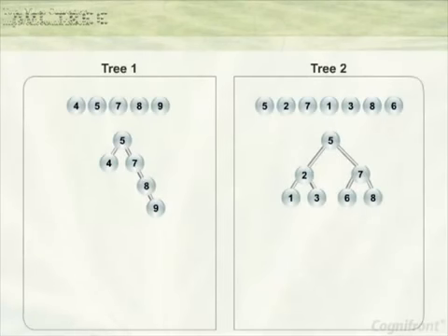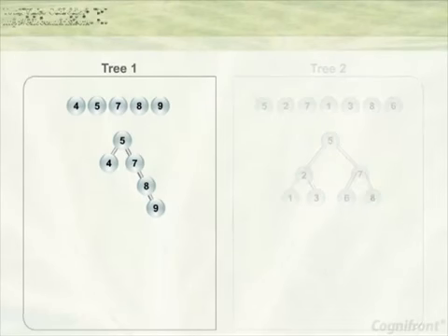To understand the concept of height balanced tree, consider these two trees. First, let us see tree 1. Here, the height of left subtree HL of root 5 is 1 and the height of right subtree HR is 3.